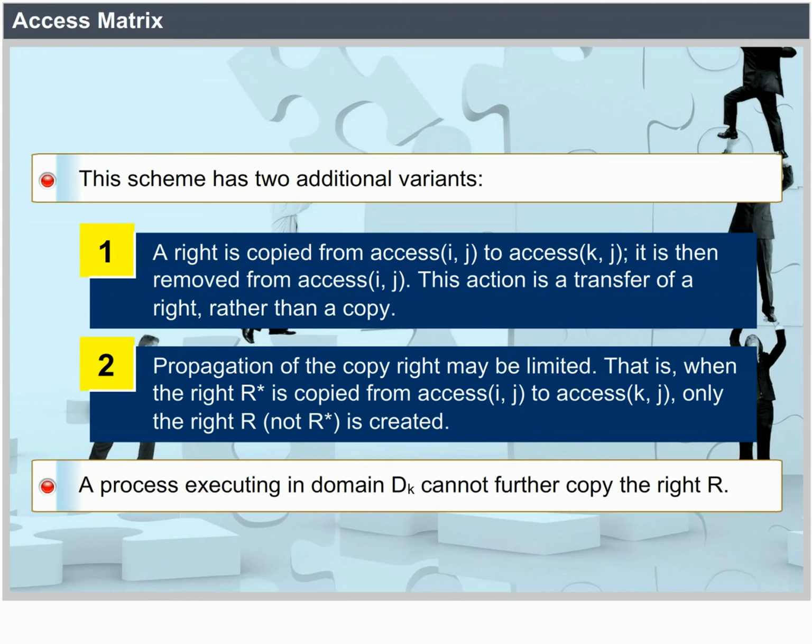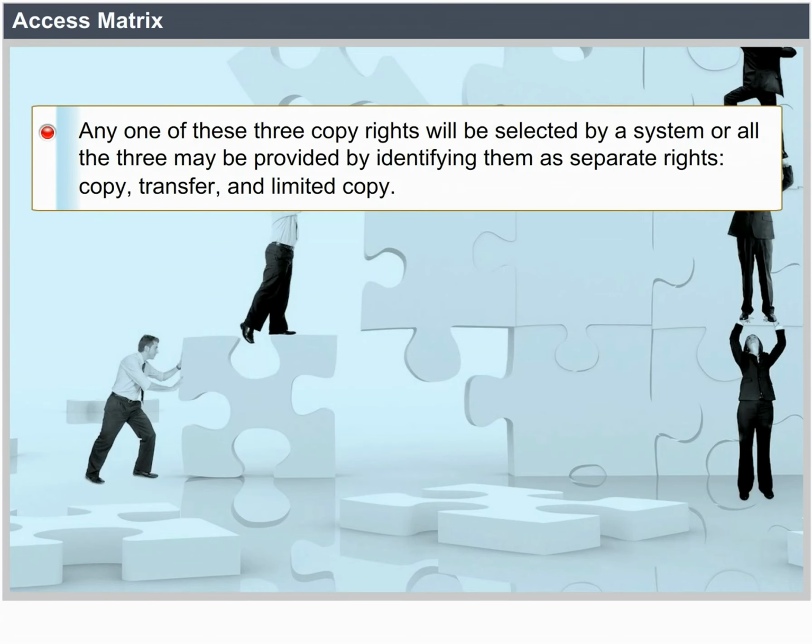A process executing in domain Dk cannot further copy the right R. A system may select only one of these three copy rights, or it may provide all three by identifying them as separate rights: copy, transfer, and limited copy.